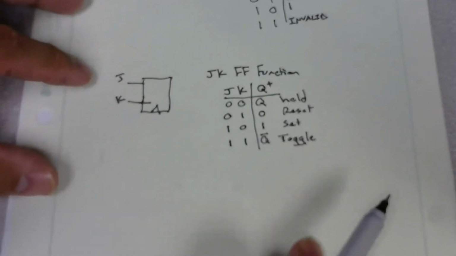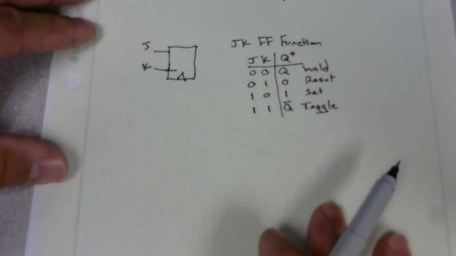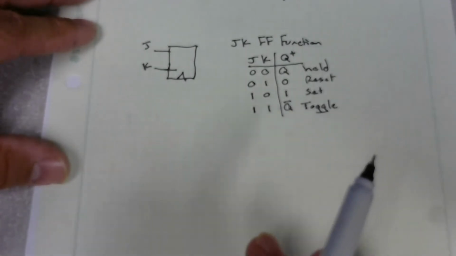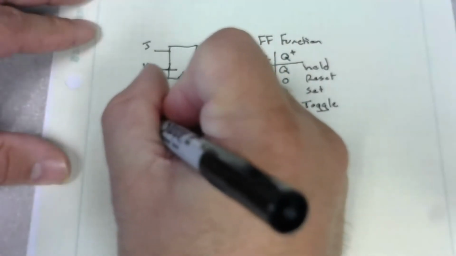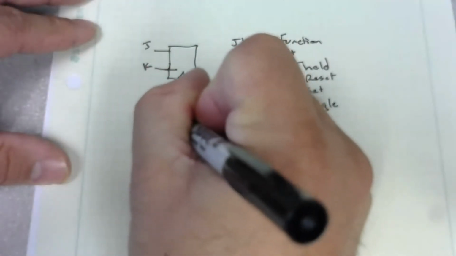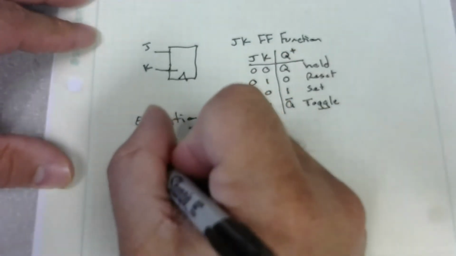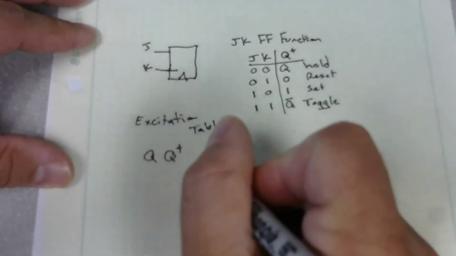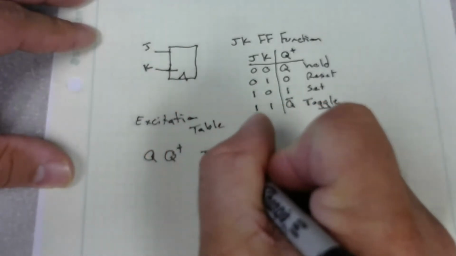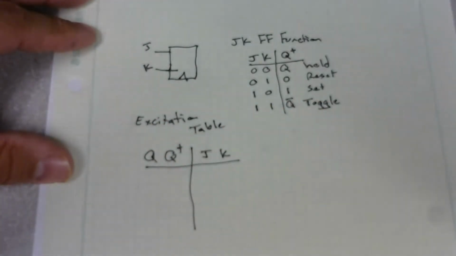What we want to add in addition to that, as far as tools to use the JK flip-flop, we want to use something called an excitation table. Now, what this table says, it says, I'll tell you what I currently have, I'll tell you what I want to get to, and then using a particular type of flip-flop or latch, what inputs do I need to get there?